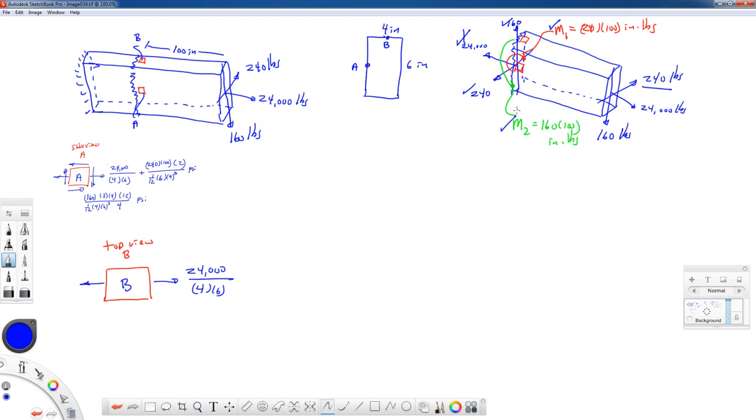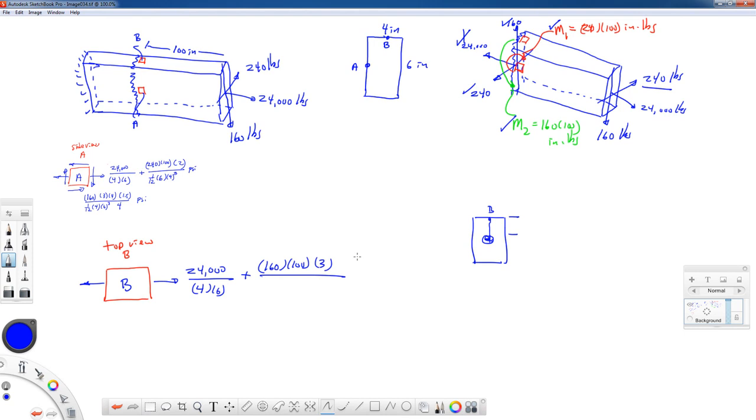Alright, let's look at M2. M2 puts the top in tension and the bottom in compression. Point B is on the top. So we're going to add to this the 160 times 100 times the distance from the centroid of the cross-section to point B, which in this case is going to be 3 inches.